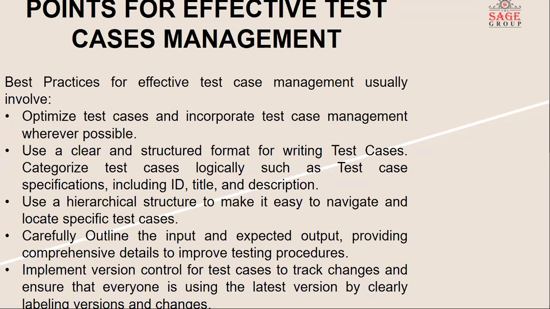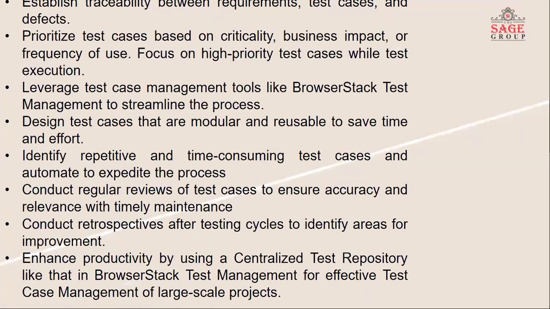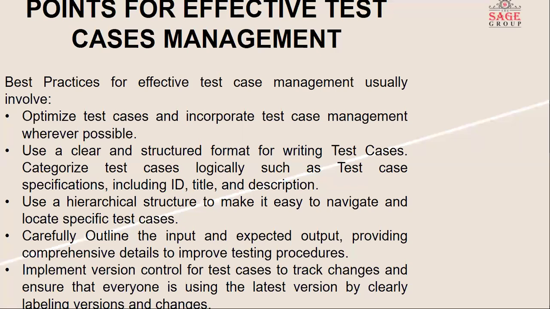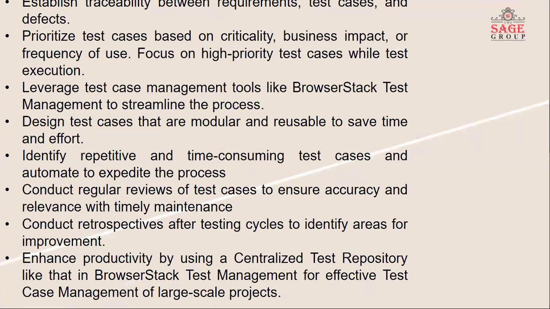Implement version control for test cases to track changes and ensure that everyone is using the latest versions by clearly labeling versions and changes. Establish traceability between requirements, test cases, and defects.